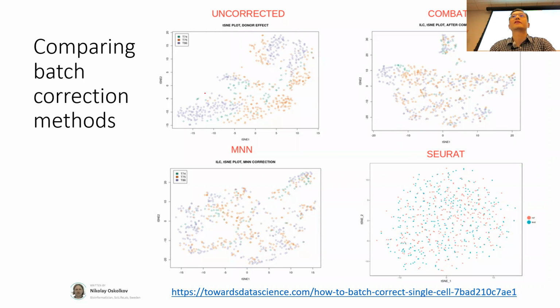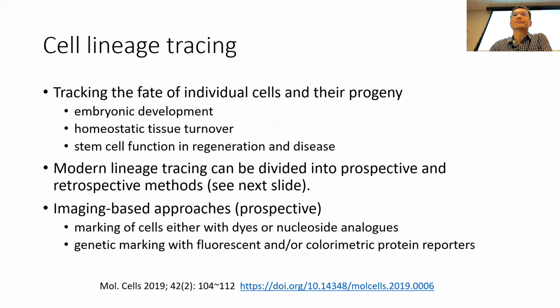We also found ComBat is useful and gives a reasonable solution compared to more modern technologies. Okay. Do you have any questions about this batch effects correction? CCA is okay.